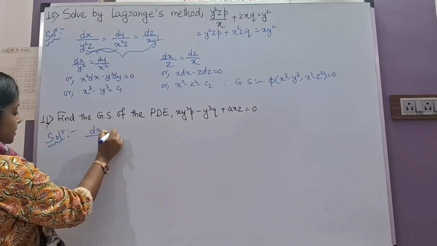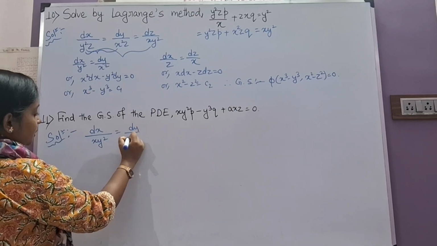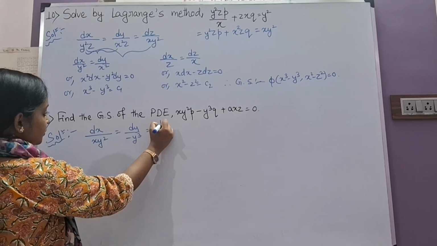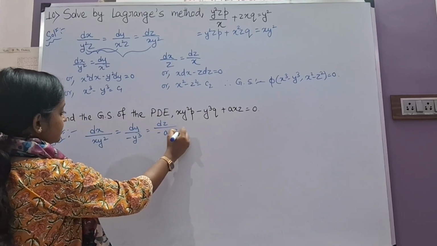Here the Lagrange's subsidiary equation is dx by xy squared equal to dy by minus y cube equal to dz by, yes, minus axz.